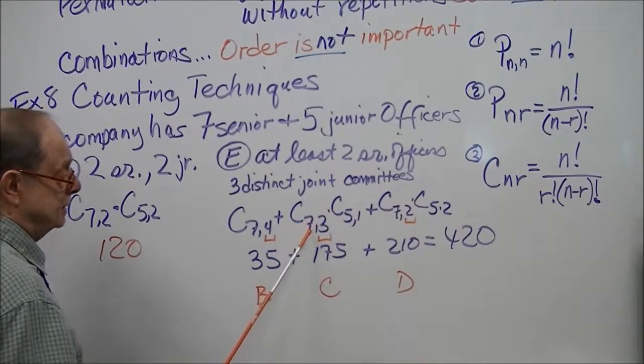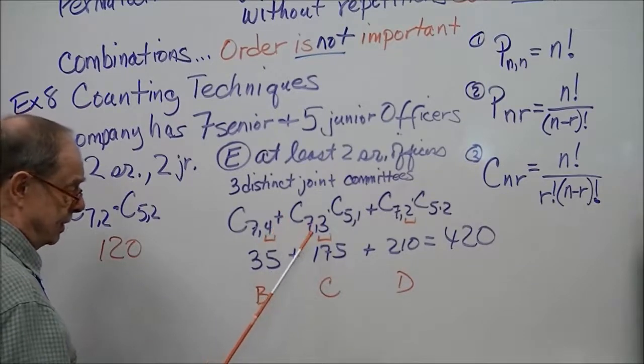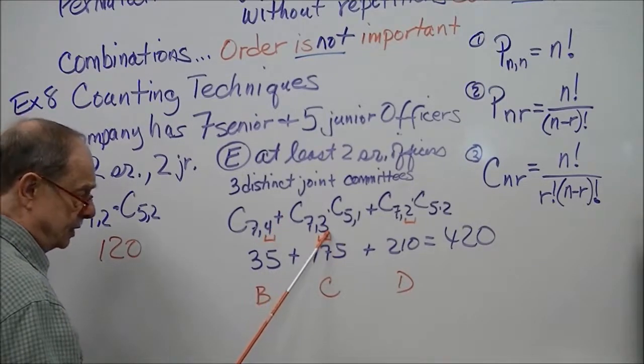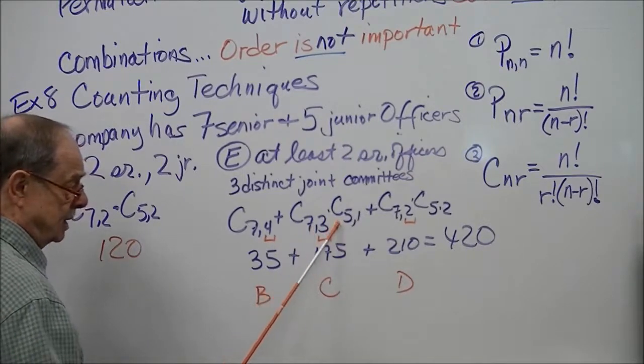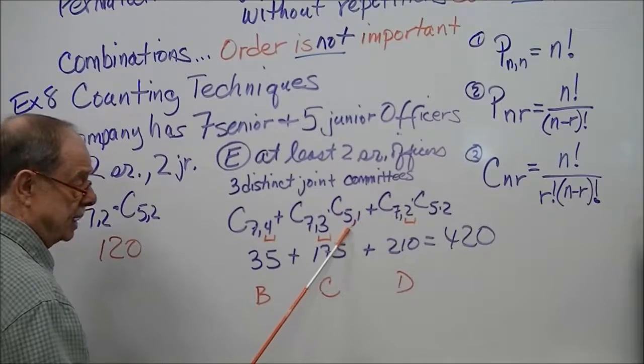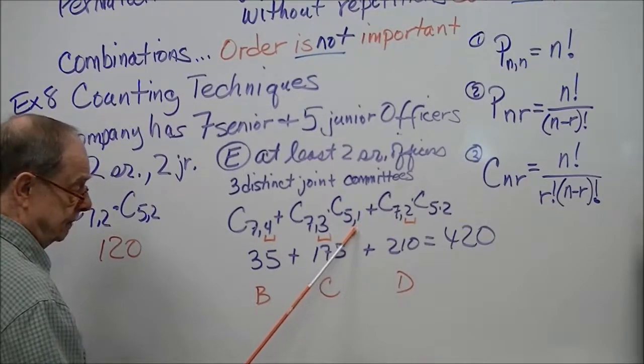Now in the next case, instead of having the 4, you're going to choose 3 senior officers out of the 7, but now there's 1 to pick out of the junior officers. That's what is illustrated here.